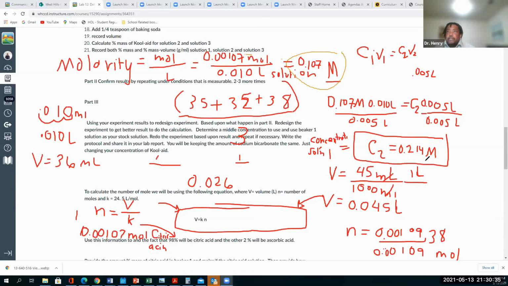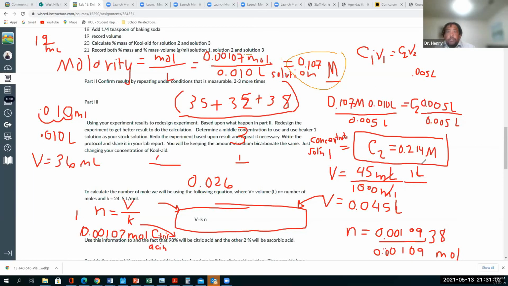We know that the solution is mostly water, so we can use the density of water, which is 1. Put this down: density is equal to 1 gram per milliliter of water, right?